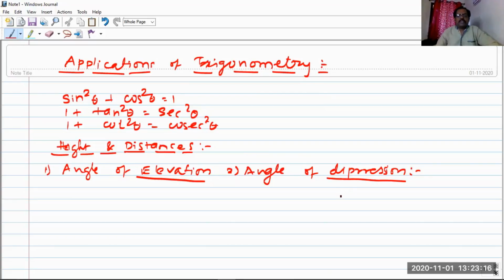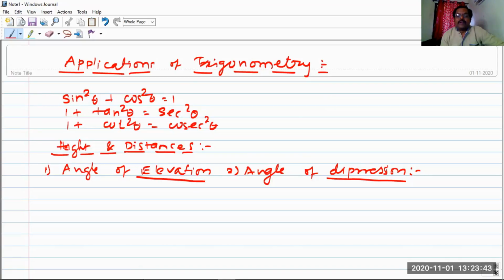These words you might have studied. What is elevation and what is depression? Elevation means observing an object in the upward direction, in short, to see that object we need to look upward.